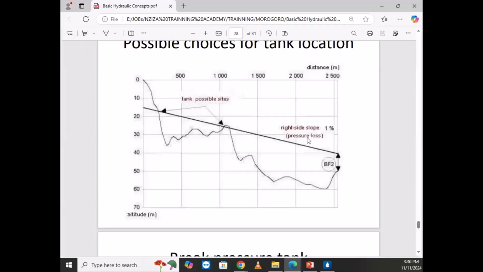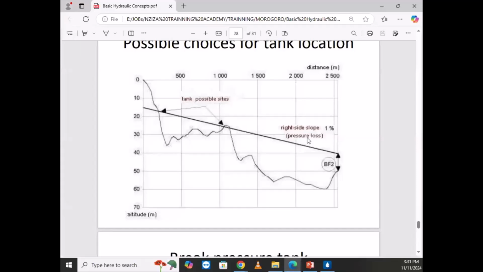From the drawing, you see the altitude of 60. There is a point of the profile where the match is. I thought that is the highest point. Yeah, the highest point is this one.